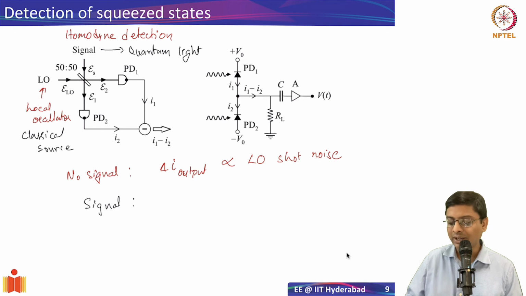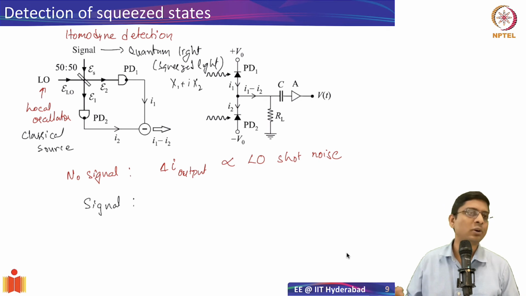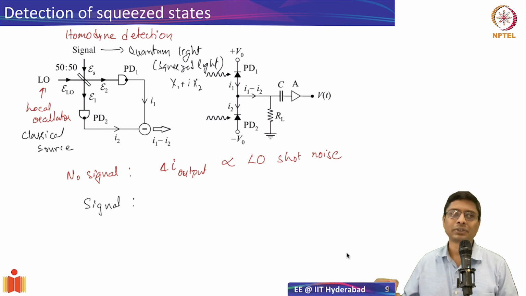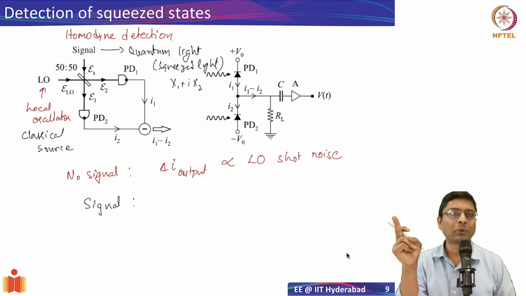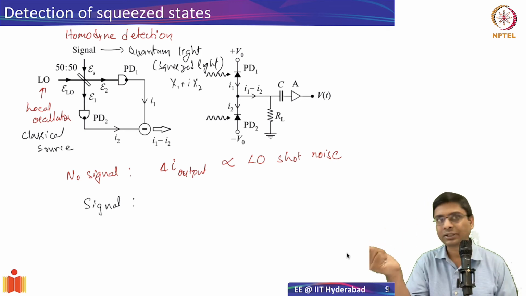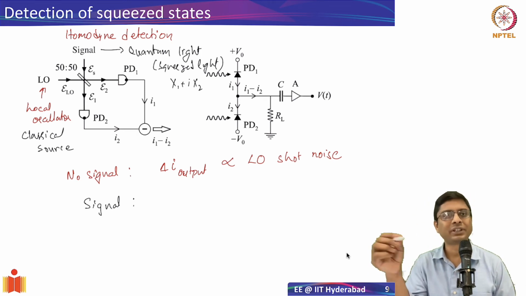If I have squeezed light, I'll have to represent it, like for a coherent state, as x1 plus i x2, and so on. I'll represent it by a complex number, because remember, in the quadrature plot, x1 and x2 are out of phase, so I can represent it as a complex number.